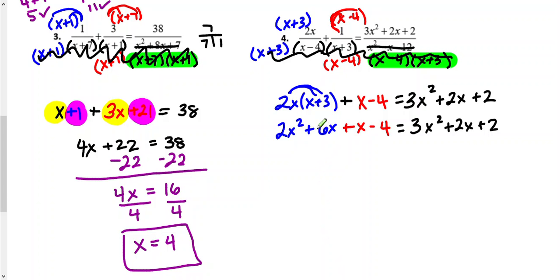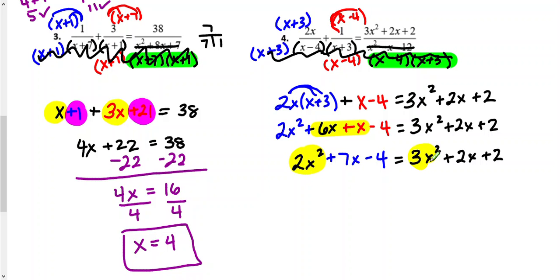Then I want to combine my like terms. So I have 6x plus x. So this now gives me 2x squared plus 7x minus 4 equals 3x squared plus 2x plus 2. And I still have x squareds, which means I need it to equal 0 before I can solve it.